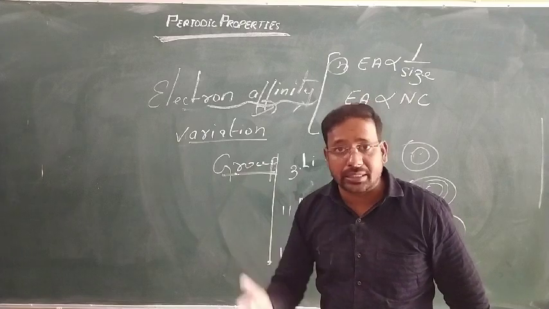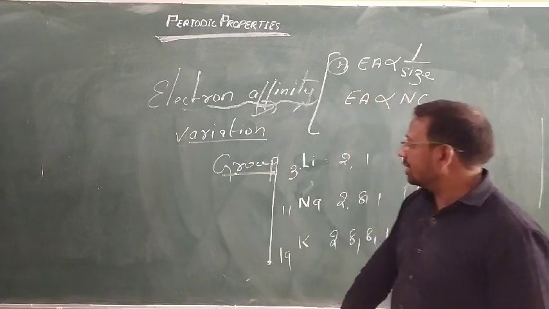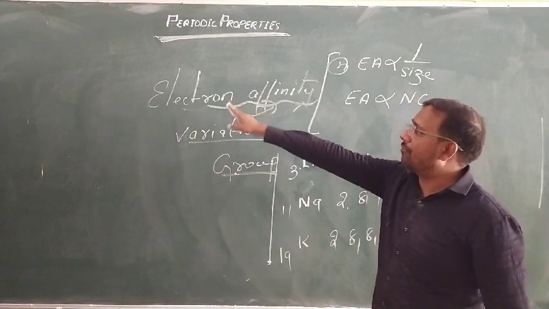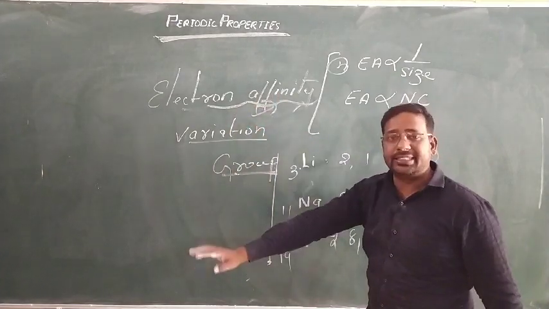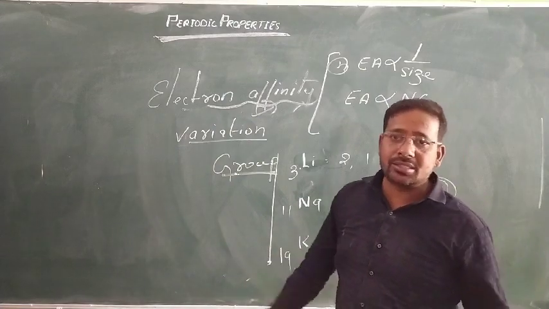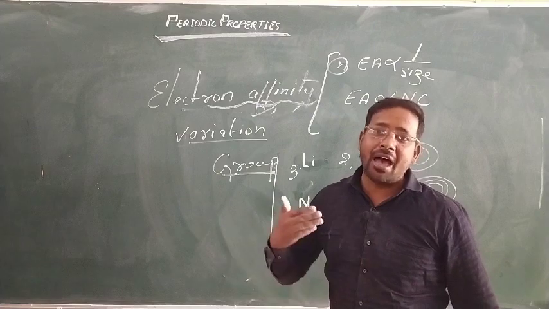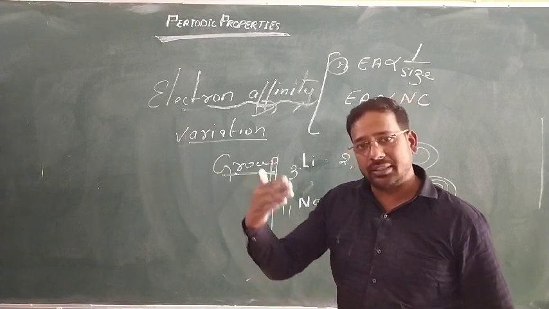So we can say that when we move in a group from top to bottom, what about the value? The value of electron affinity decreases, because of increasing size and decreasing nuclear charge, means affinity toward the electron decreases.